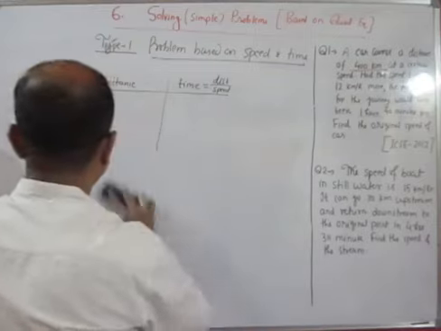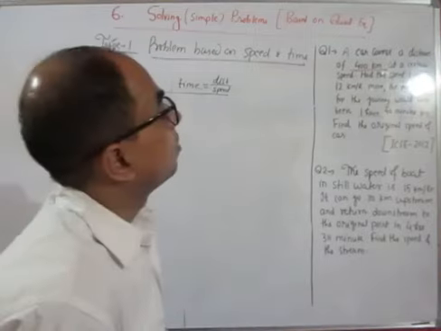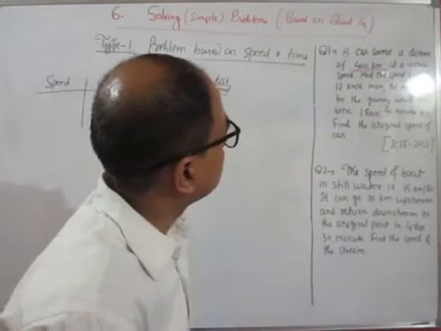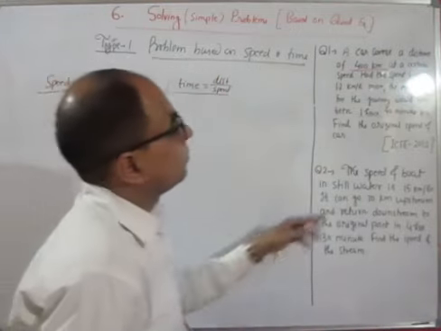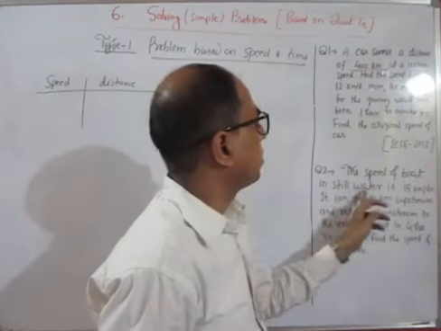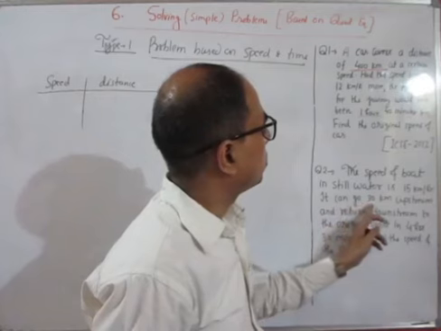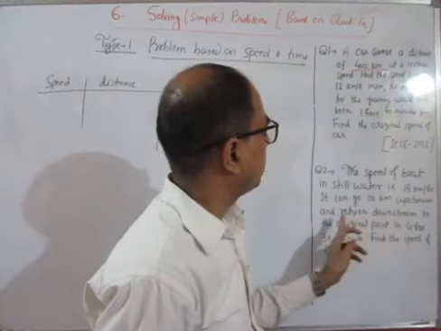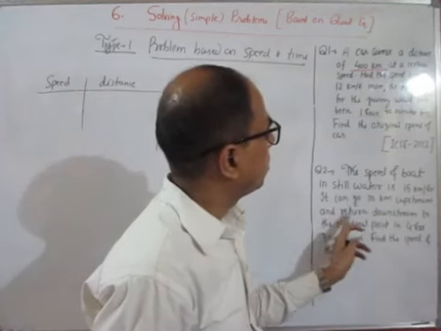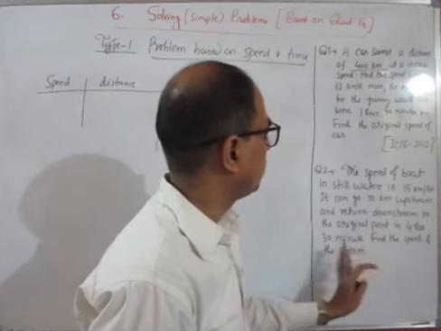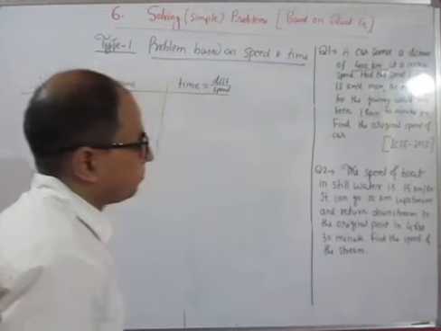My focus is on making of the equation. Now see the second question. The speed of a boat in still water is 15 km per hour. It can go 30 km upstream and return downstream to the original point in 4 hours 30 minutes. Find the speed of the stream.